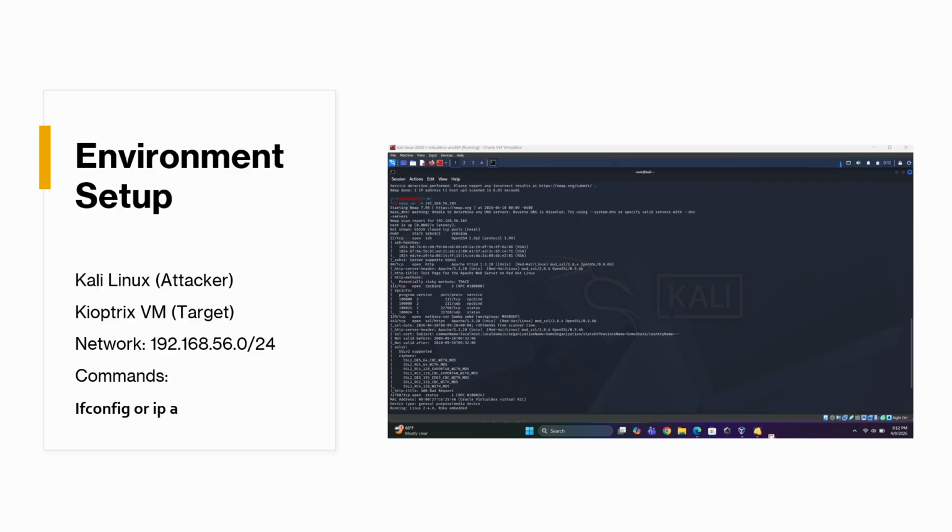This setup simulates an internal network scenario where an attacker already has access to the network and is conducting reconnaissance to identify vulnerable systems. Operating in an isolated lab environment is critical to safely performing these activities without impacting real systems.